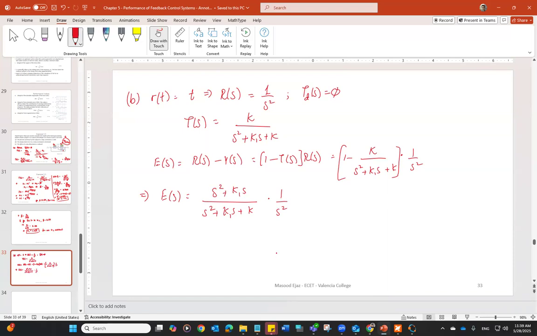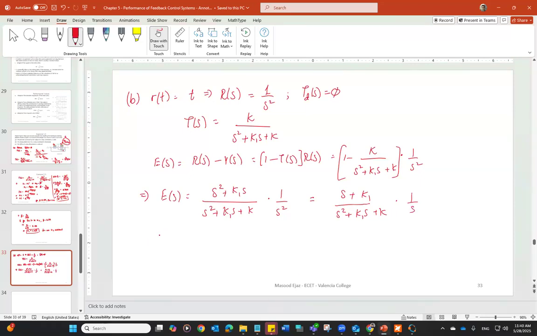If we take one S out as a common factor, that S is going to be cancelled by one of the S's over here. So my equation is simplified to S plus K1 divided by S squared plus K1 S plus K, and then 1 over S.